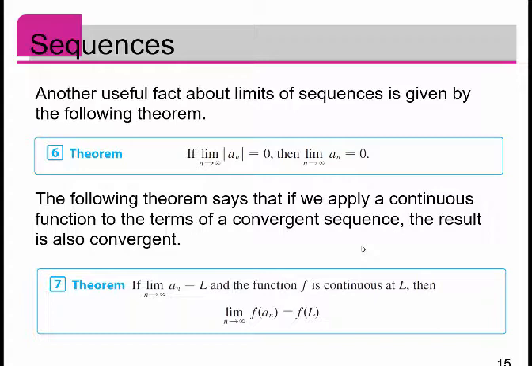The following theorem says that if we apply a continuous function to the terms of a convergent sequence, the result is also convergent. If the limit as n goes to infinity of a sub n equals L, and the function f is continuous at L, then the limit as n goes to infinity of f of a sub n is equal to f of L. Basically, if the limit exists, you can plug it right into the function.